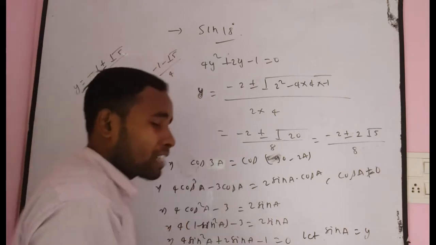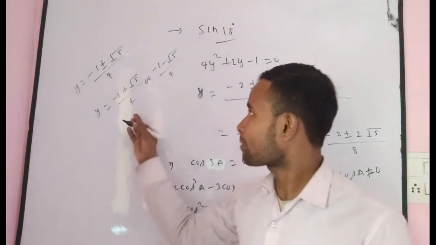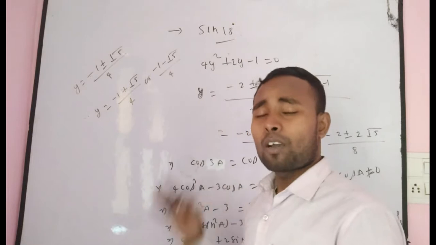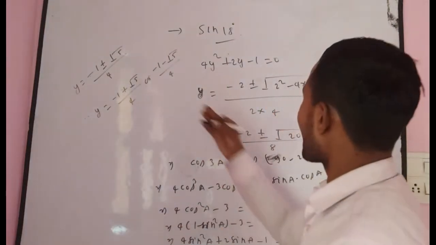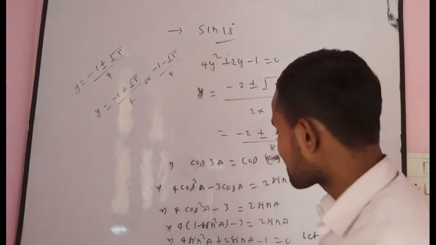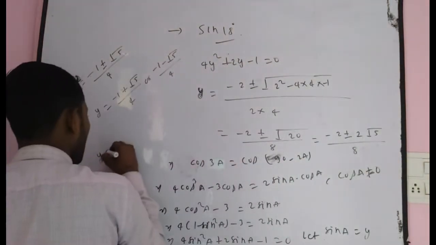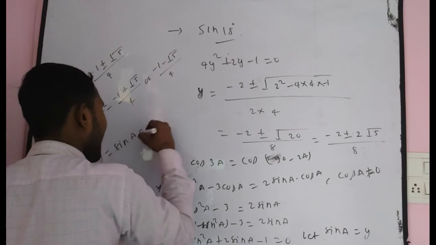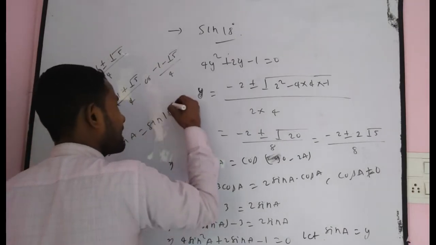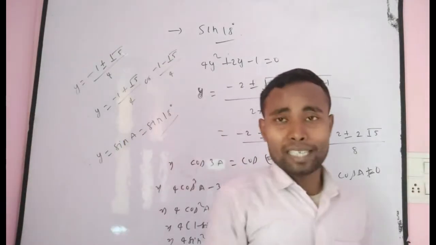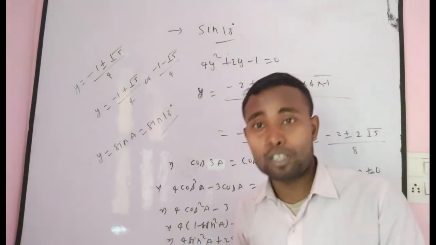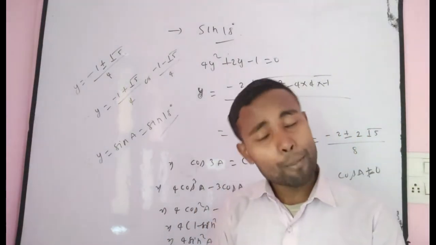Now, I want to ask you which of the values will be correct for y. As you know, y is equal to sin a, and we also know that a is equal to 18 degrees, and 18 degrees lies in the first quadrant, so sin 18 degrees is always positive.